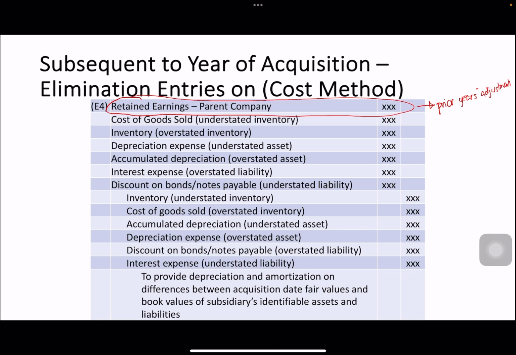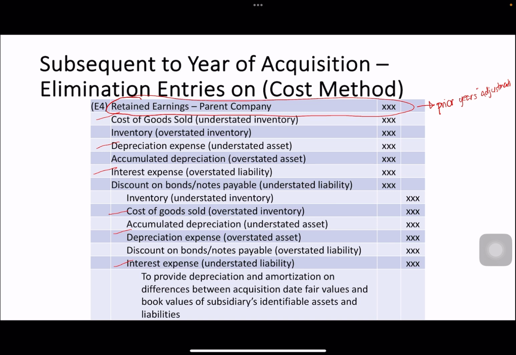This entry consists of income statement accounts and balance sheet accounts. The income statement accounts, such as cost of goods sold, depreciation expense, and interest expense, reflect the current year's adjustments to the subsidiary's net income.